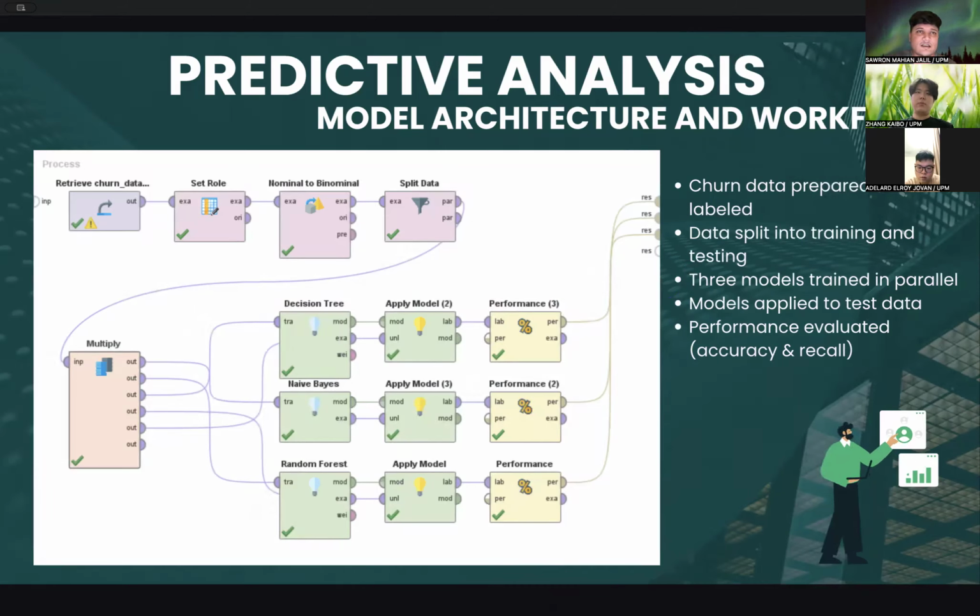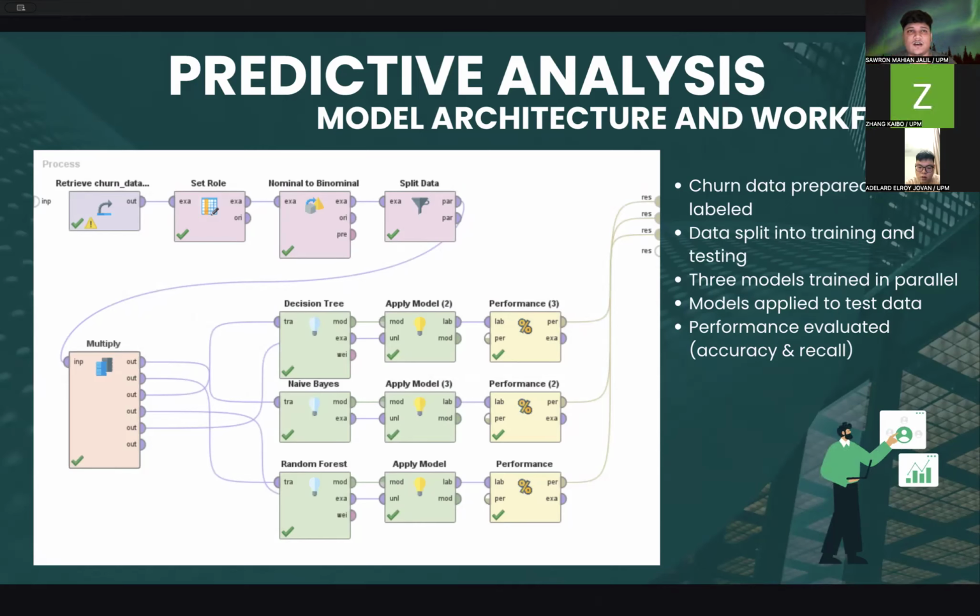This slide illustrates the predictive modeling workflow implemented in RapidMiner. First, the churn data was prepared and labeled, followed by conversion into a binary format. The dataset was then split into training and testing sets.